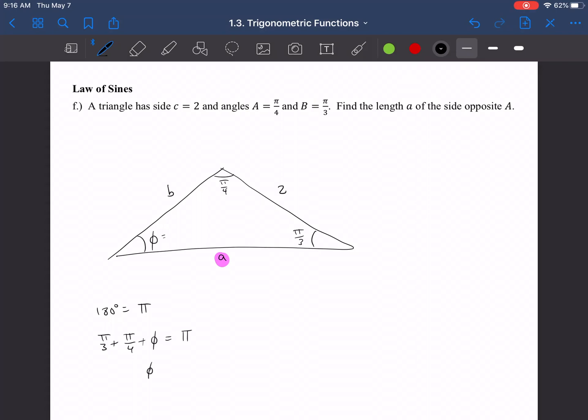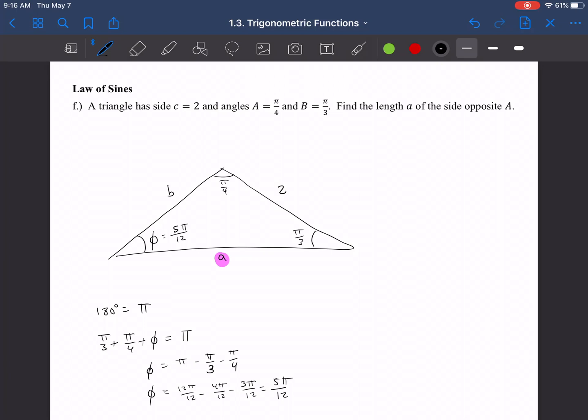And so phi is going to equal pi minus pi over 3 minus pi over 4. That's just going to be 12 pi over 12 minus 4 pi over 12 minus 3 pi over 12, which is 5 pi over 12. That's phi. So now we know phi is 5 pi over 12.